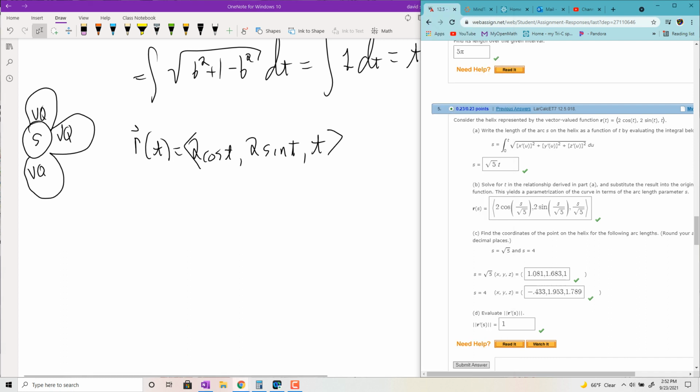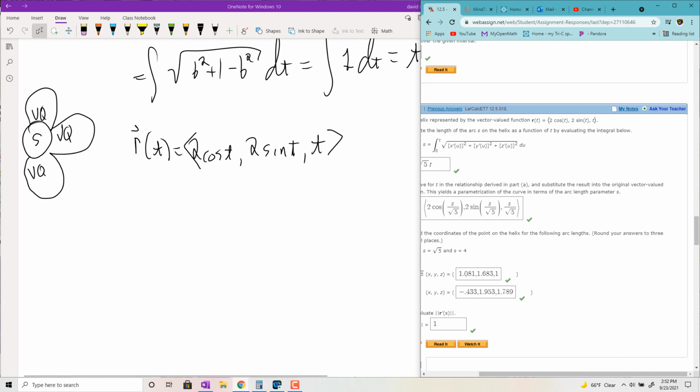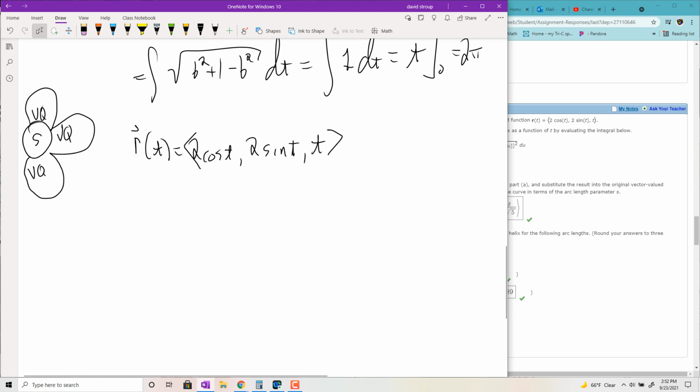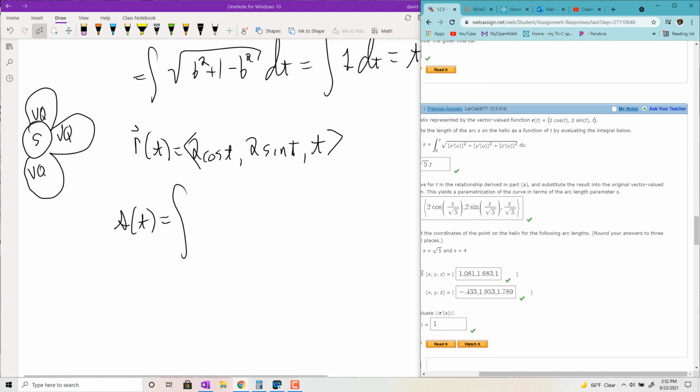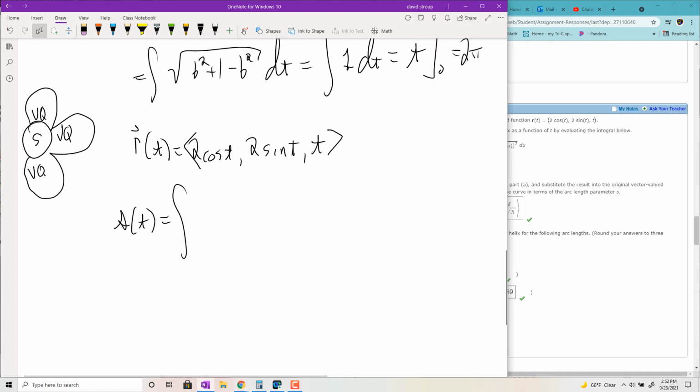Write the length of the arc S on the helix as a function of t by evaluating the integral below. So we're looking for this function S of t, and to find it, we're going to integrate from 0 to t, and we're going to put a dummy variable like u. The book uses u, so du.